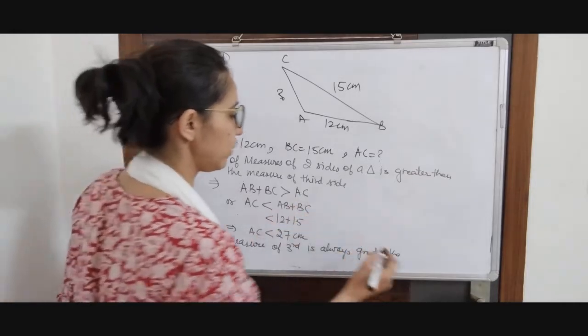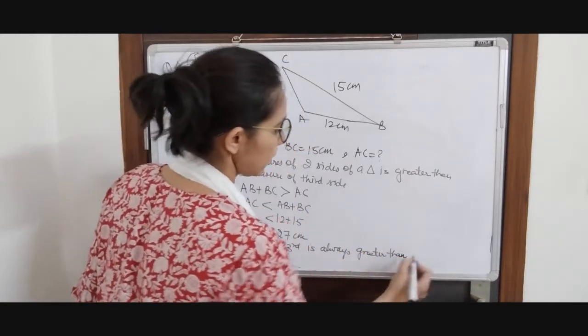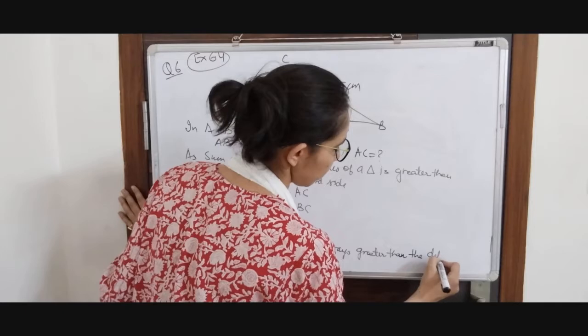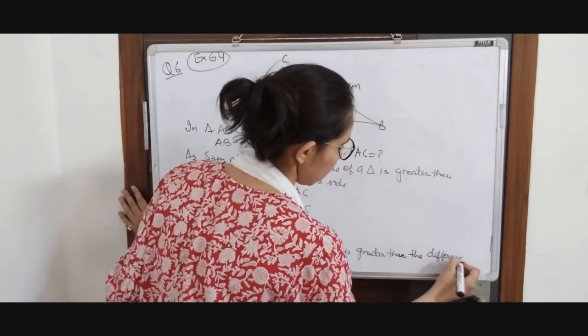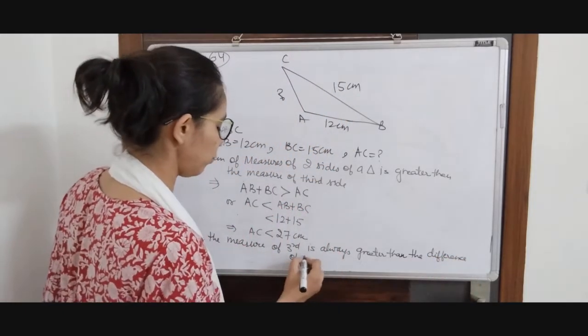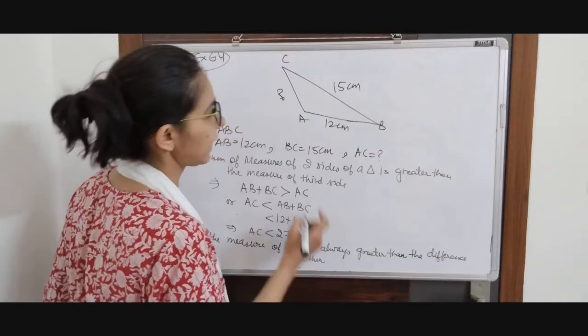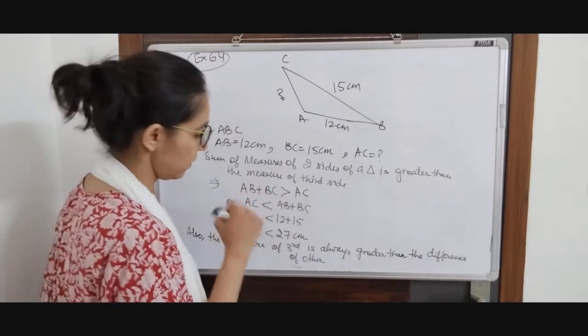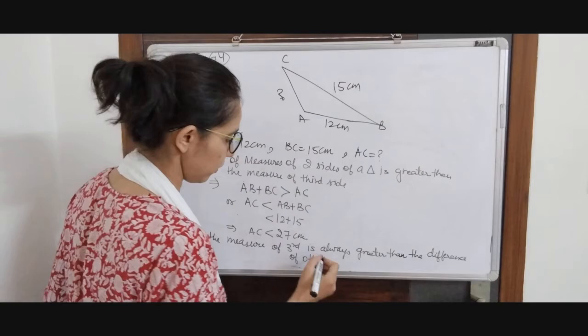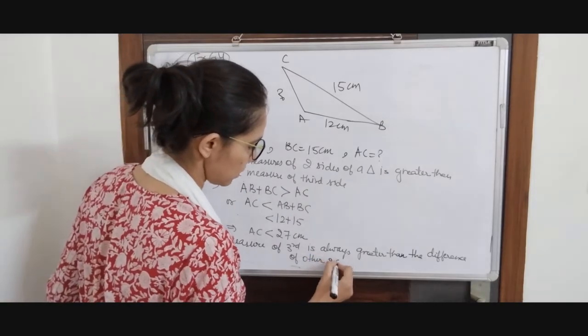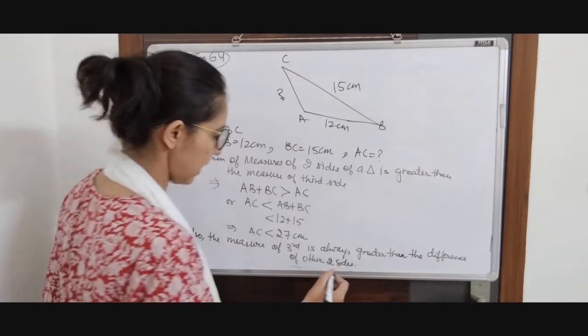the difference of the other two sides. It cannot be equal, it cannot be less than the difference. So it is going to be greater than the difference of the other two sides. What does that mean?